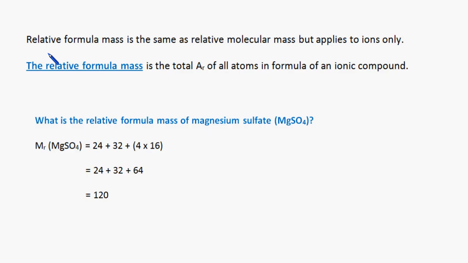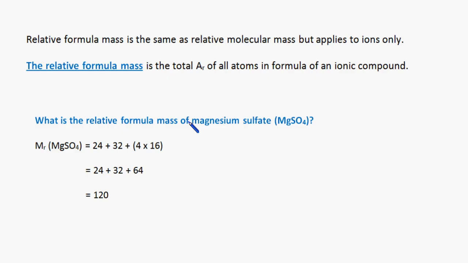The next definition we need to familiarize ourselves with is relative formula mass. Relative formula mass is the same as relative molecular mass, but it applies to ions only. So the relative formula mass is the total relative atomic mass of all the atoms in the formula of an ionic compound.